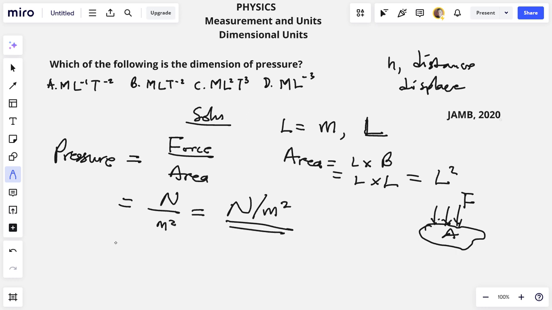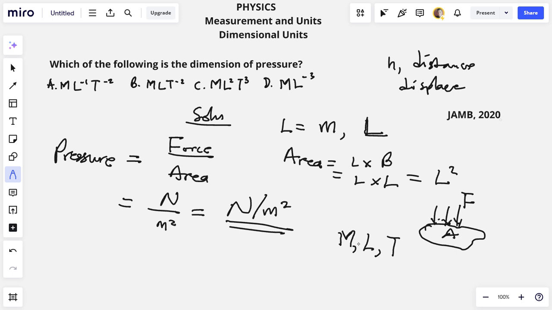The dimensional unit. So that means at the core or the very foundation of this quantity, pressure, what are the fundamental quantities involved? At the core foundation of units, what we have is mass, length, and time.